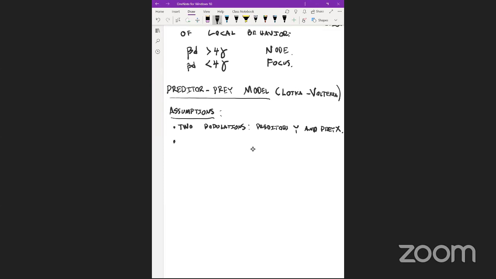We want to assume, as a very basic, simple assumption, that if there weren't any predators, the prey would increase exponentially.